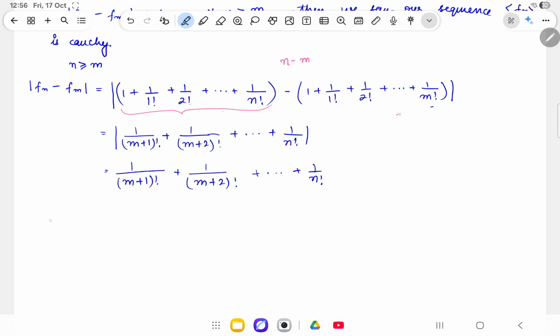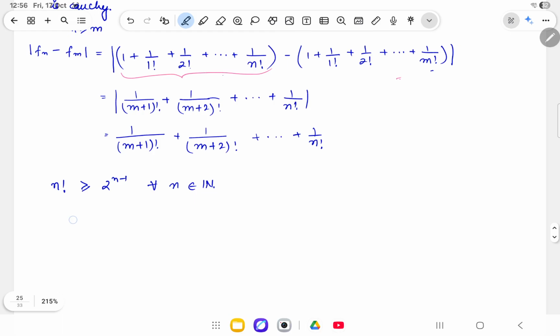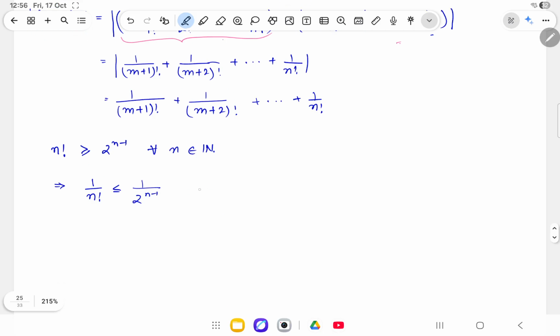We know a result that n factorial is always greater than or equal to 2 raised to n minus 1, and it holds for all n belonging to natural numbers. From here I can conclude that 1 by n factorial is less than or equal to 1 by 2 raised to n minus 1, and it also holds for all n belonging to natural numbers.